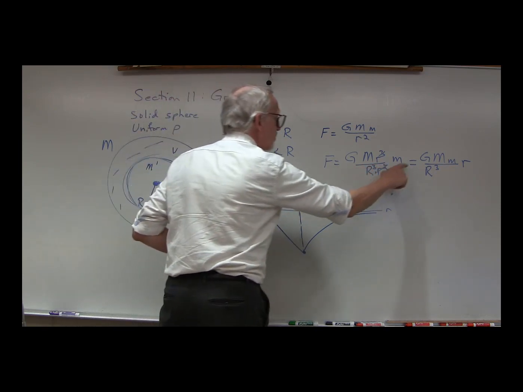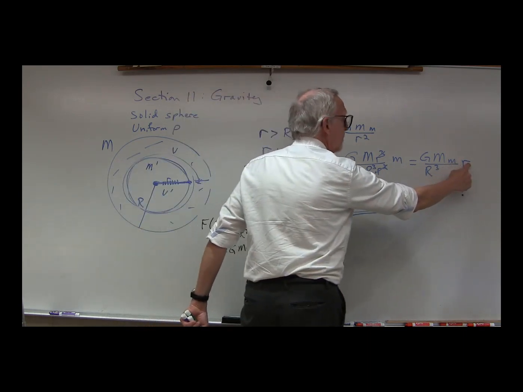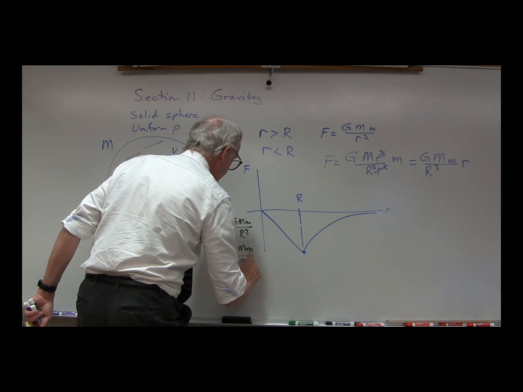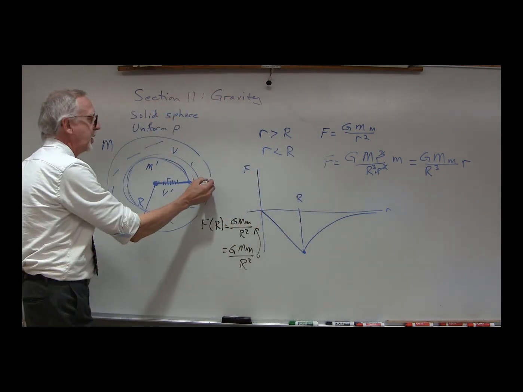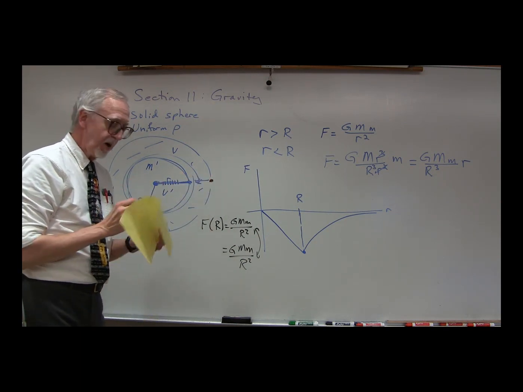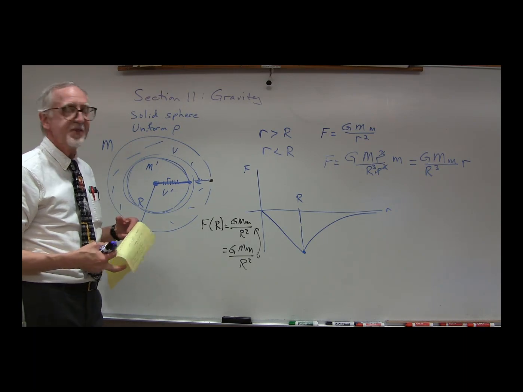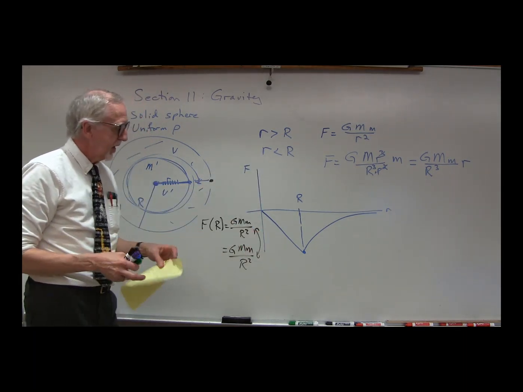And if we use this result, we get G M m big R over capital R cubed over R squared. We get the same thing. So both of these give us the same result when we are right at the surface of the planet, which is good. We would expect, or we would hope, that we should get the same result when we're right at that boundary. So that's what it looks like.